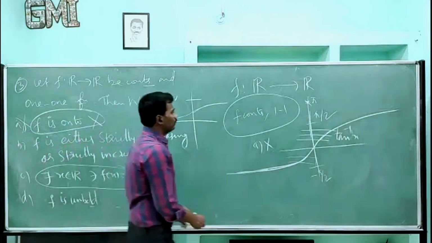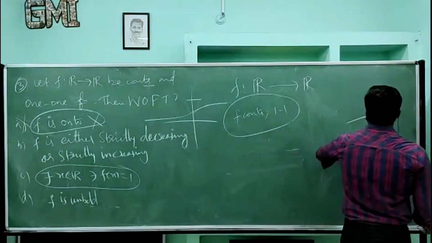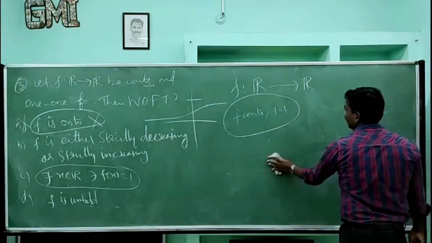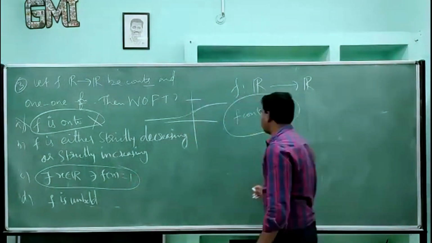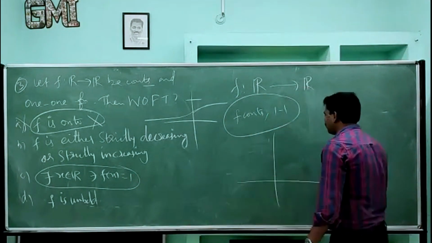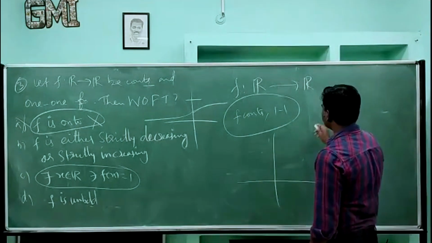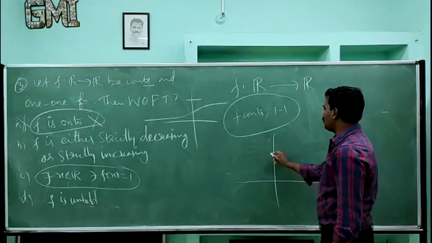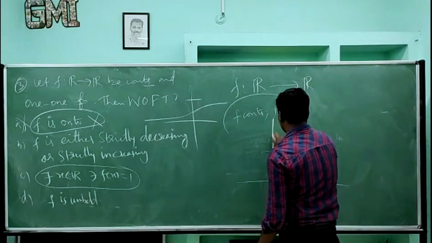They ask this question. That is also false. False means you have to give a counterexample. A continuous 1-1 function need not have this property. Need not have this property means you have to give an example. Now I have to give an example. What is that? Just I can draw some example.